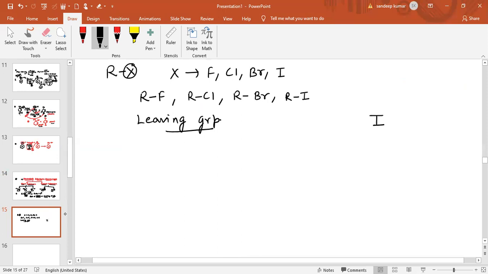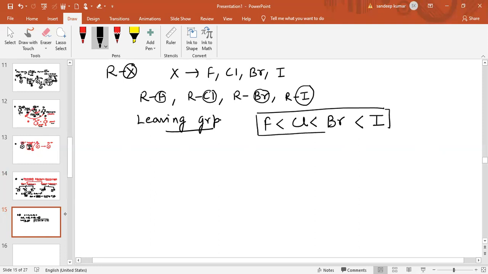Iodine is large in size, then bromine, then chlorine, and fluorine is smallest in size. So iodine is a better leaving group, then Br, then Cl, and then F. So a better leaving group will give a faster reaction in nucleophilic substitution reaction.